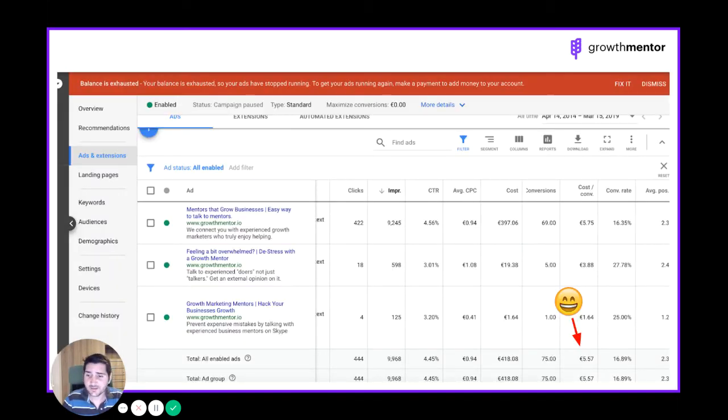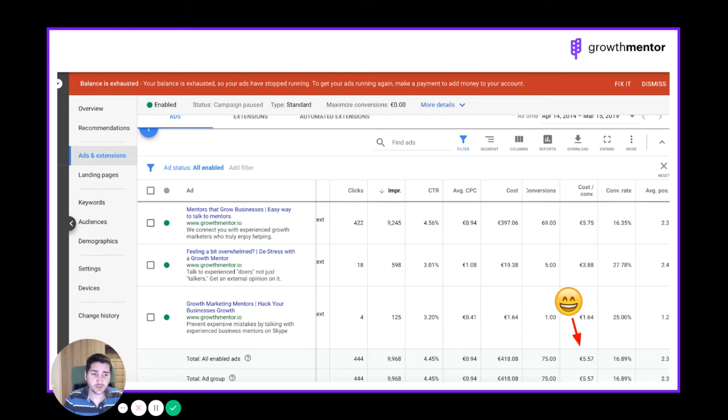Data doesn't really lie, which is why I love data-driven growth marketing. And if your conversion rates are low, or worse, non-existent, then you might need to reconsider your positioning, your product messaging, or maybe your entire hypothesis or business model.